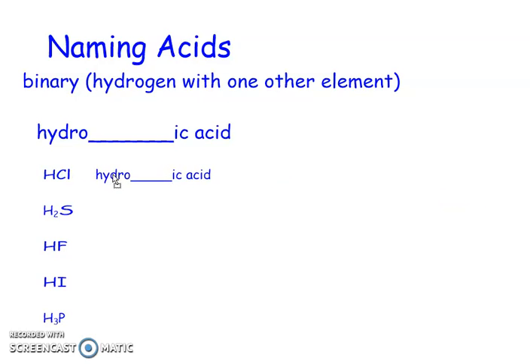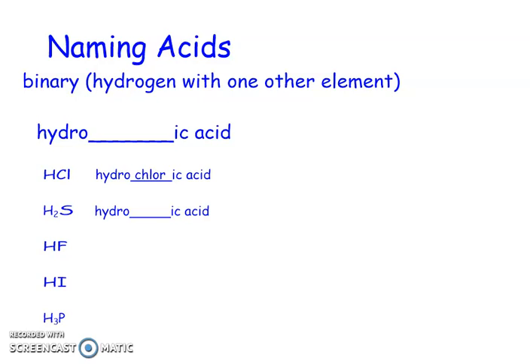So HCl, hydrogen, one other element. So it's hydro, root word, ic acid. The other element is chlorine. The root of that would be chlor, so HCl is hydrochloric acid. H2S, again, hydrogen with one other element, hydro, root word, ic acid.